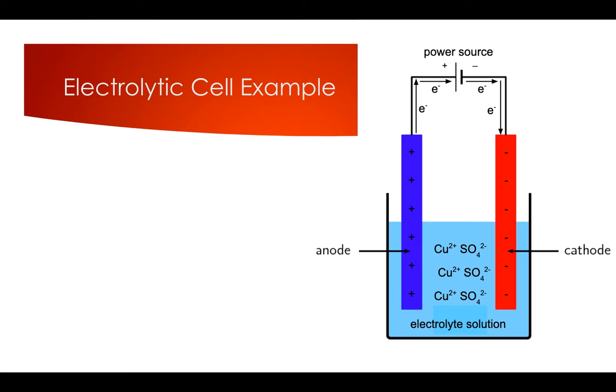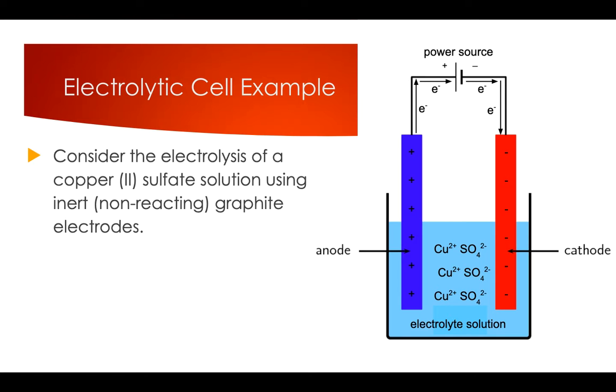If we look at an example, in this electrolytic cell, there's a solution of copper(II) sulfate. We're carrying out the electrolysis of a copper(II) sulfate solution using inert graphite electrodes. Inert meaning that the electrodes are not going to react. If you remember from the galvanic cells, the electrodes were involved in the reaction.